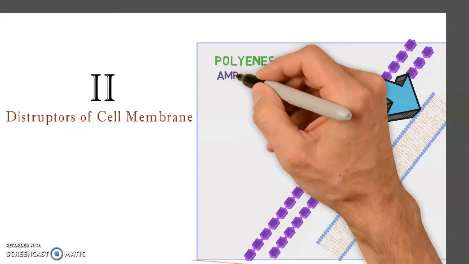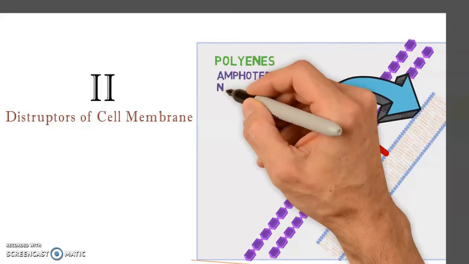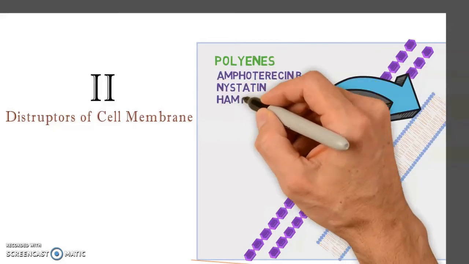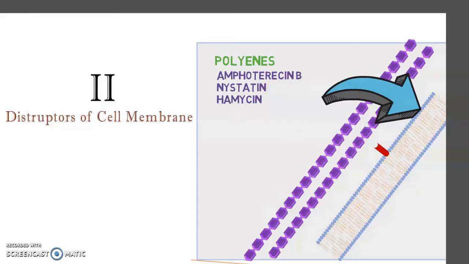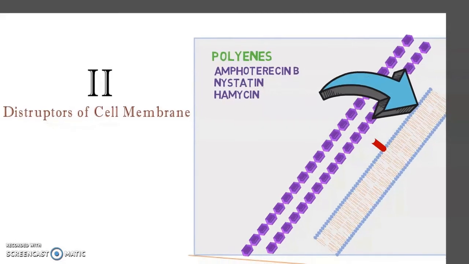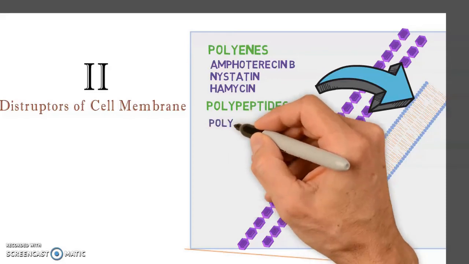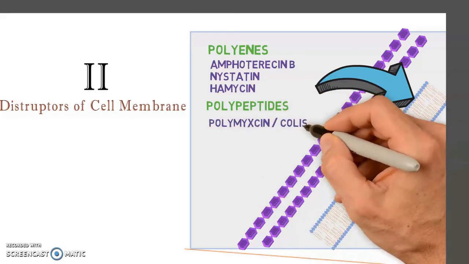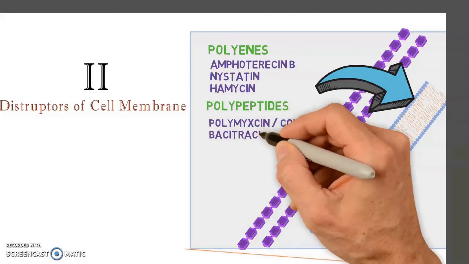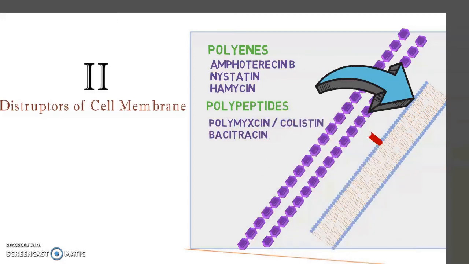The examples include polyene antibiotics, such as amphotericin B, nystatin, and hamycin. The second example is polypeptides, such as polymyxins, also called colistin, and bacitracin.